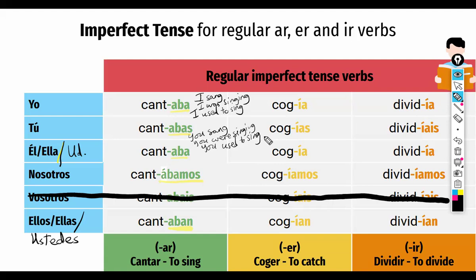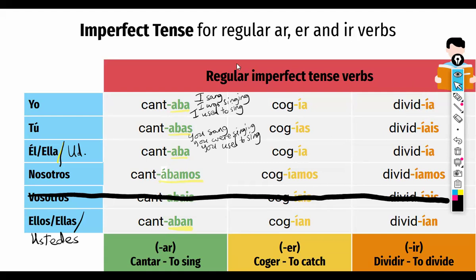We sang, we were singing, we used to sing. He, she, it sang. He, she, it was singing. He, she, it used to sing. They, you, formal plural, sang. They, you, formal plural, were singing. They, you, formal plural, used to sing, right? All right, let me know when you're done.